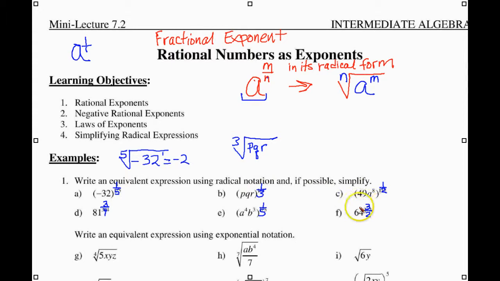Perfect. Now this is going to be radical sign. The radicand is 49, a to the 8th, and it's to the 1st, so I don't have to put anything there. And our index number is 12.